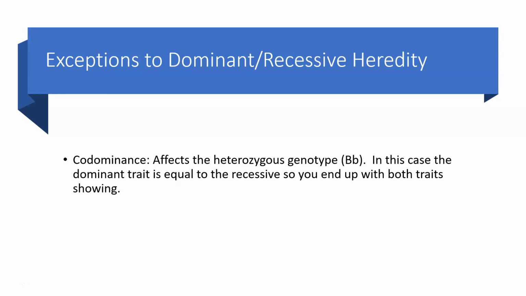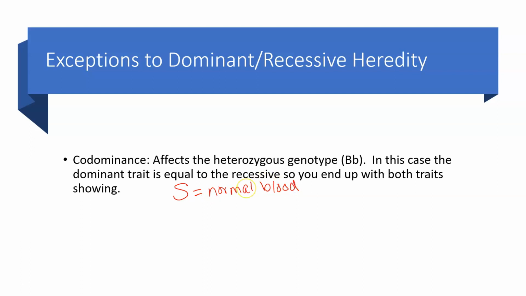The next exception is similar, except that instead of the dominant being a little bit too weak to overcome and you get an intermediate, in codominance, you end up showing both traits. So in animals, this is what leads to being spotted, okay? In humans, this can be shown through a disease called sickle cell anemia, which is also recessive. So for instance, you have sickle cell anemia. It's a recessive trait, so this would be normal blood cells.